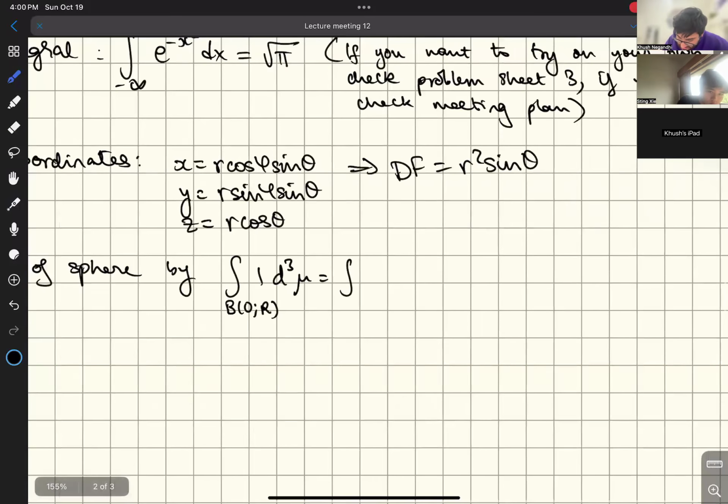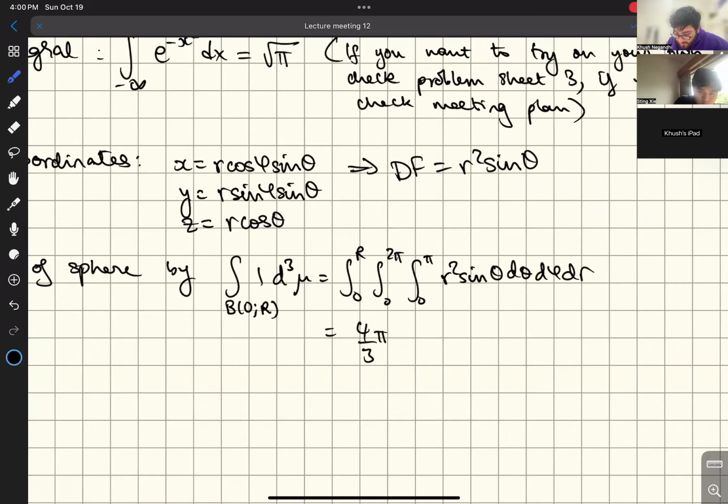Then you can write this as an iterated integral as follows: r squared sine theta d theta d phi dr. And if you do the iterated integral, you just get 4 over 3 pi r cubed.